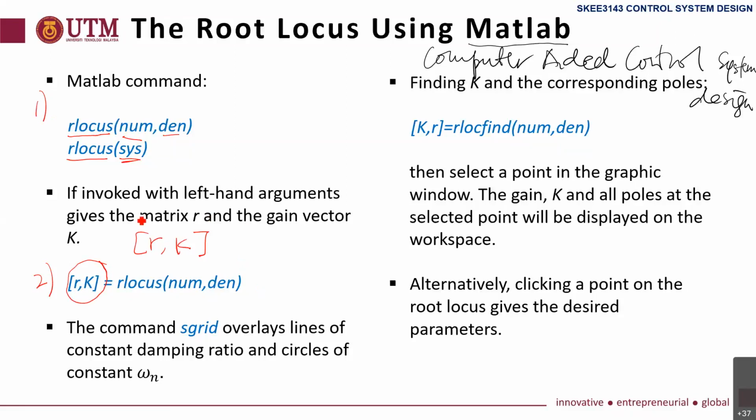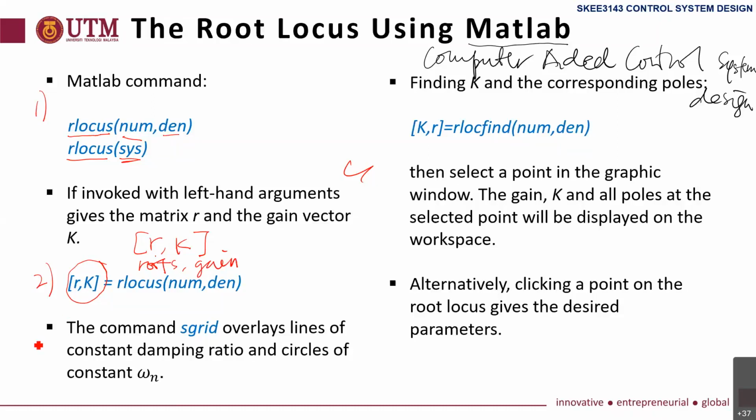R means root. R will give you the root or the pole. K is the gain. So you will get a vector of R, the root or the pole, and the gain in order to plot the root locus.